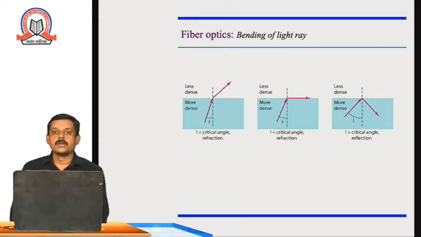So in the fiber optic cable, we use a basic fiber or core which has a particular density for transmitting data or reflecting that particular ray.